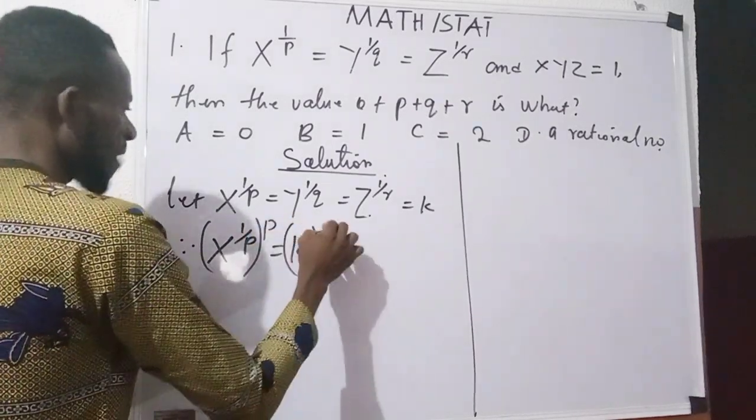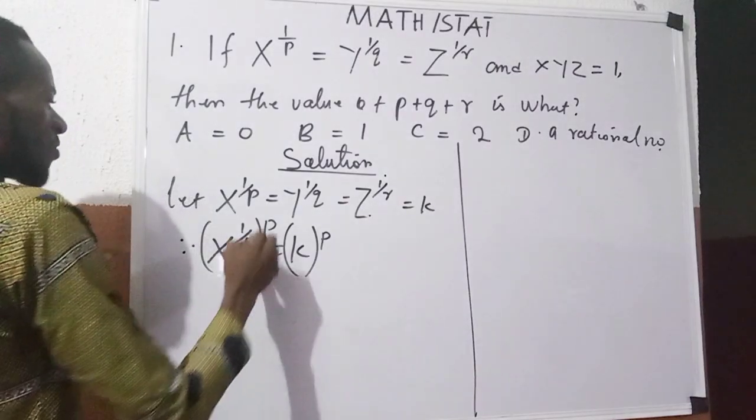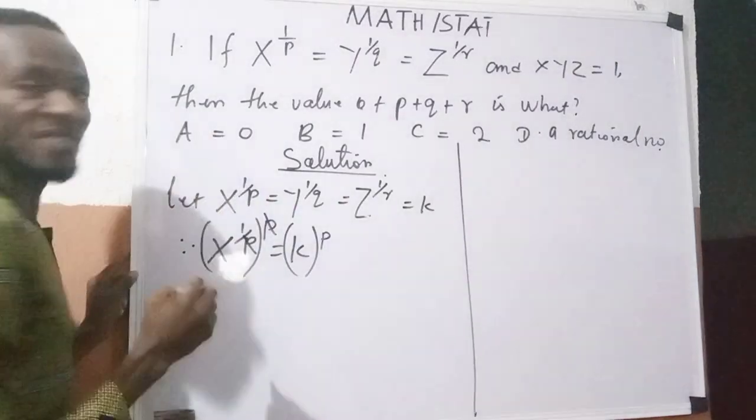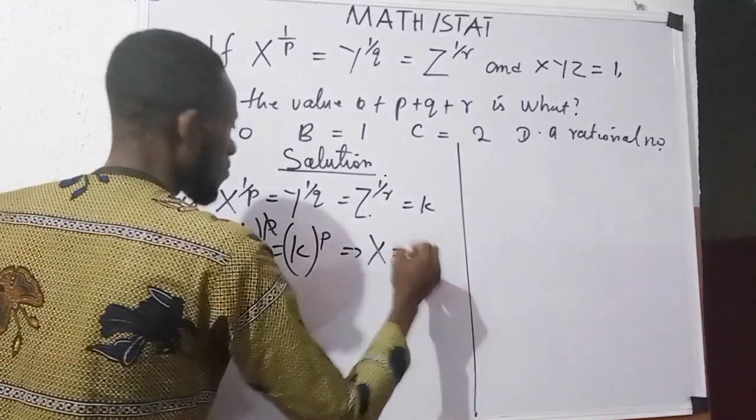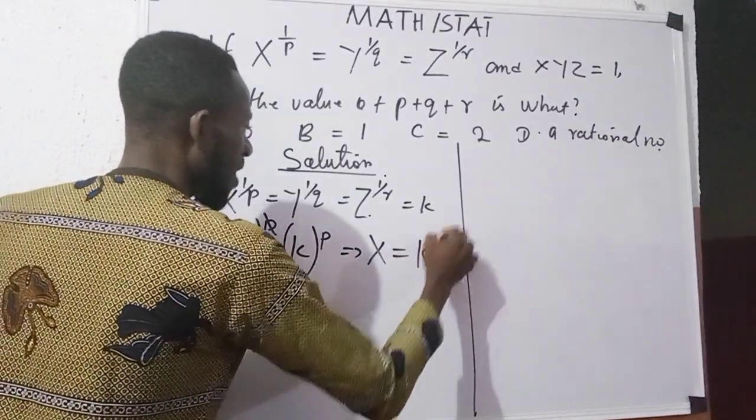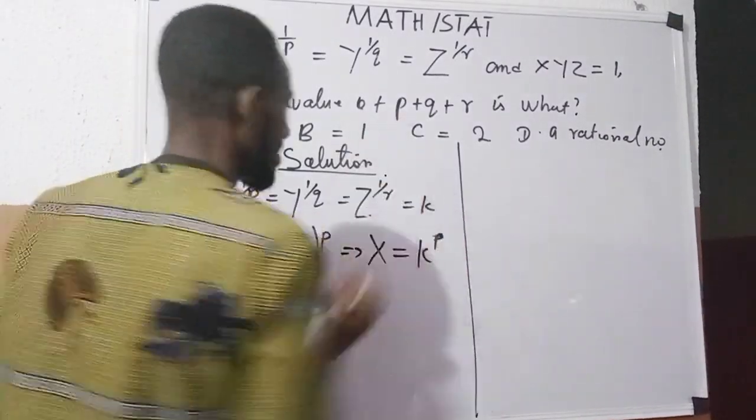This is raised to power p, this is raised to power p, and on that note, this p will cancel this p, so that my x is equal to k raised to power p. That is what it is here now.